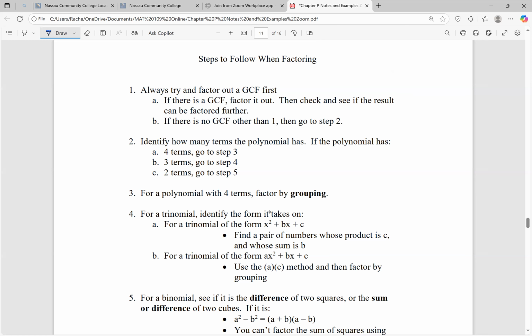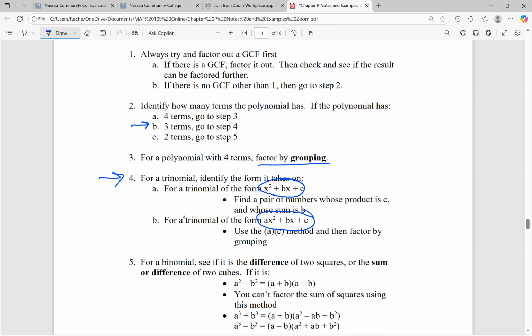So if it has 4 terms, then what we're going to do is go to step 3. And for a polynomial with 4 terms, we said we factor by grouping. But let's say my polynomial has 3 terms. Step 4 says for a trinomial, identify what form it takes on. Is it in the form x squared plus bx plus c, or is it in the form ax squared plus bx plus c? So you would use the appropriate method to factor a trinomial.